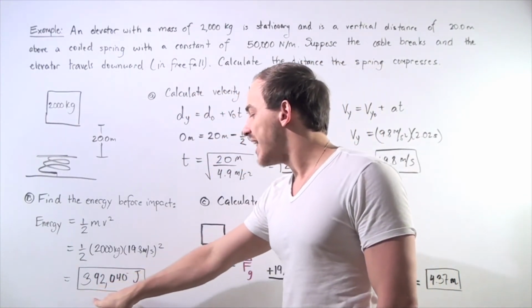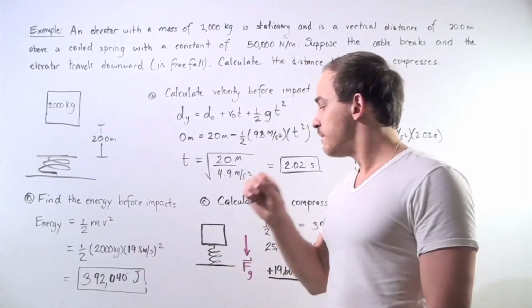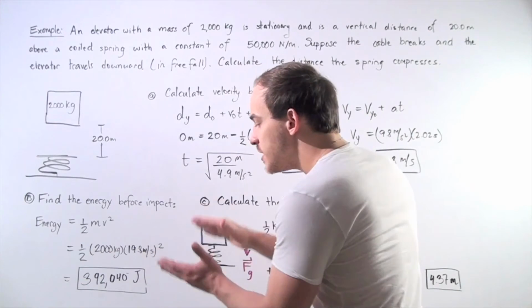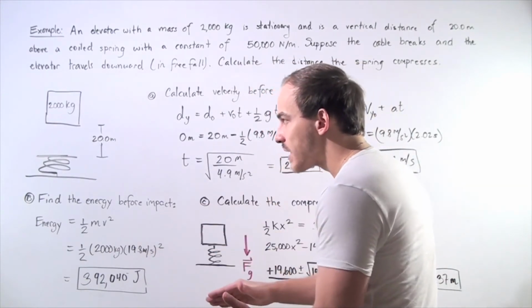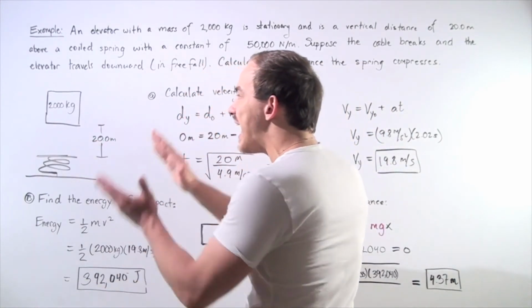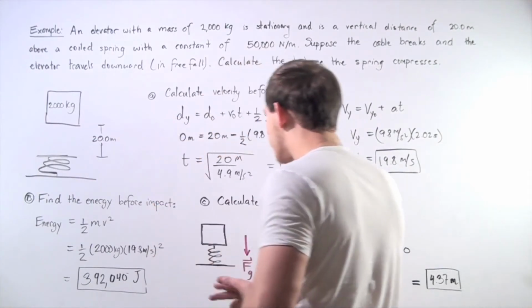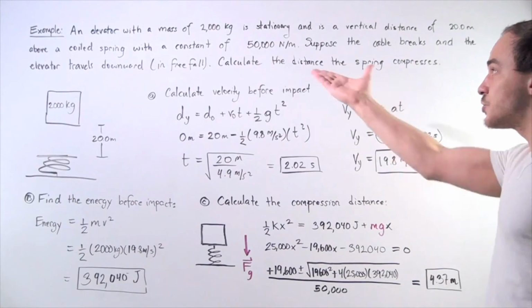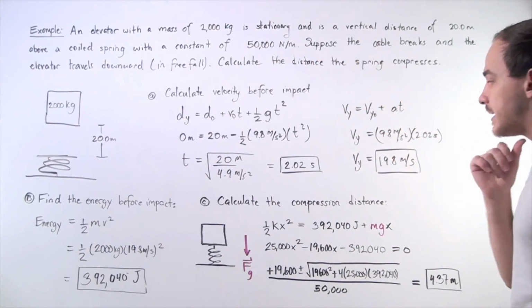So 392,040 joules of kinetic energy. So this is the amount of energy that the spring must do on the elevator to stop that elevator. So let's calculate the compression distance, what we're actually calculating from the beginning.